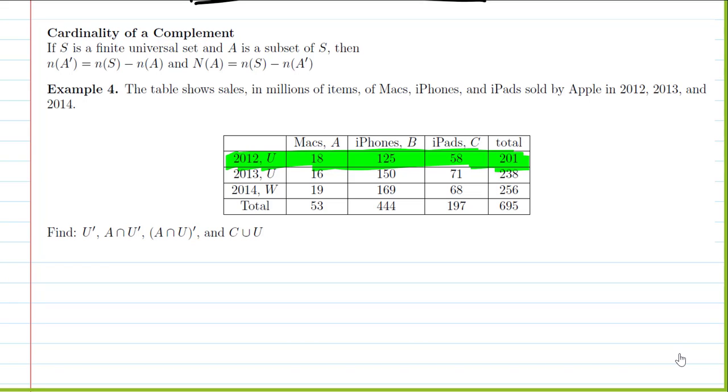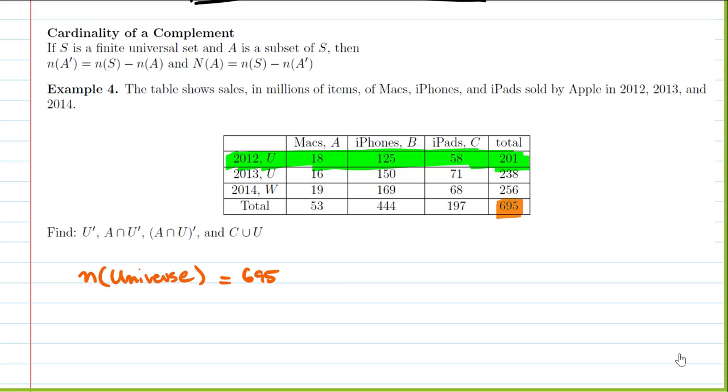But we want its complement relative to our universe, which has our total number of sales. So the number of things in our universe is 695.